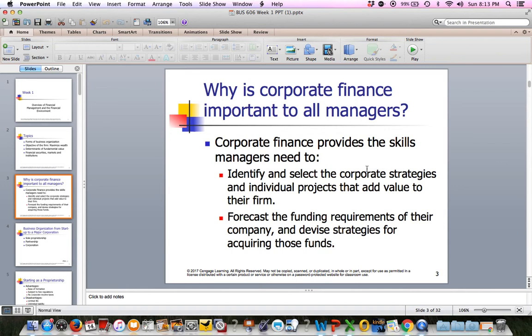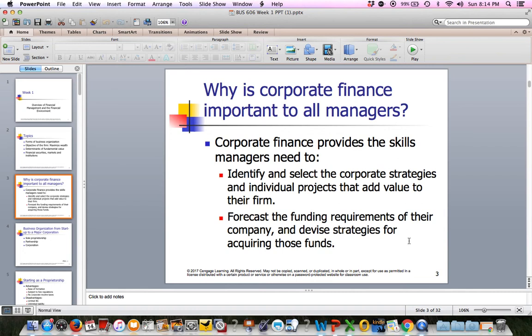Forecasting the funding requirements for the company and devising strategies for acquiring those funds. That's the second part of it too. As a company grows, or decides to launch new initiatives, maybe it's doing extra research and development, launching a new product line, expanding our production capacity, anything like that, those are all things finance should be thinking about in terms of overall corporate strategy.